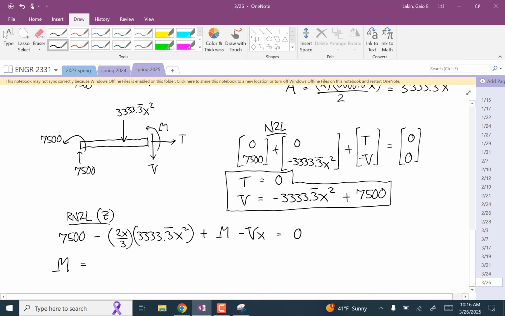So M is equal to Vx plus 2222.2 repeating x cubed minus 7,500.